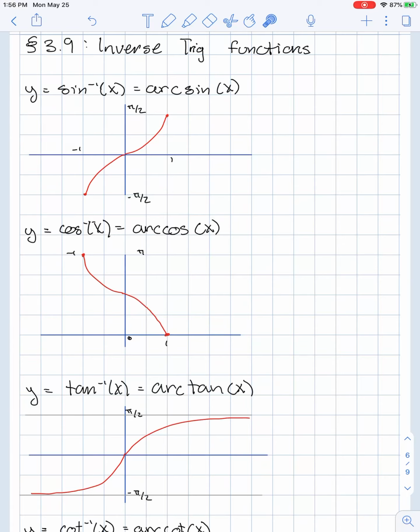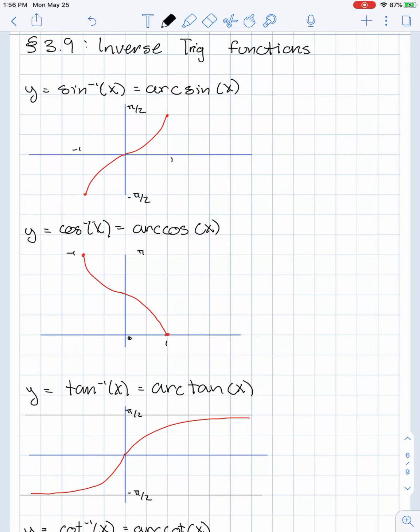Cosine, on the other hand, can give me a positive output for inputs between 0 and pi over 2, and negative for pi over 2 to pi. So that's the reason that arc cosine is going to go from 0 to pi, and that's why they're a little switched.